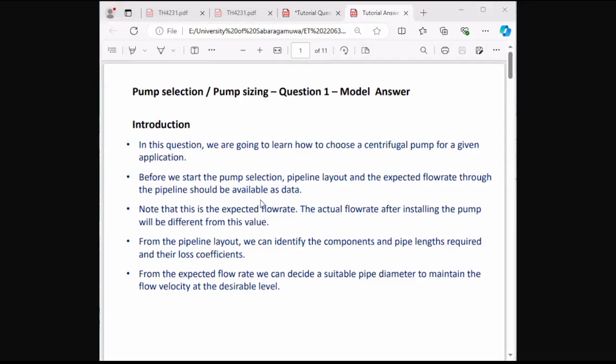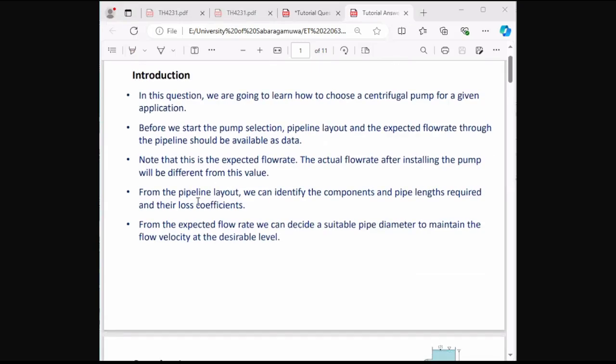Here you can see the answer for the first one.